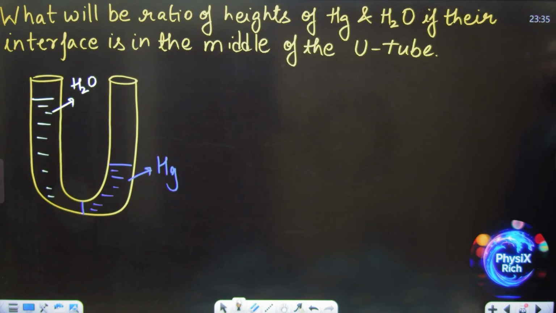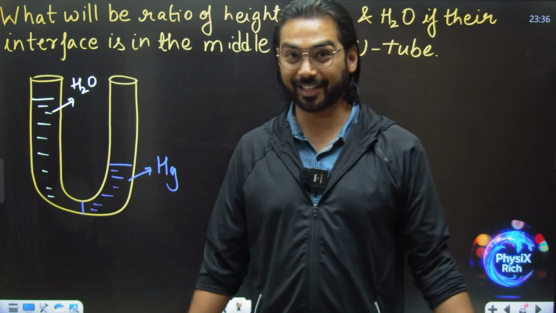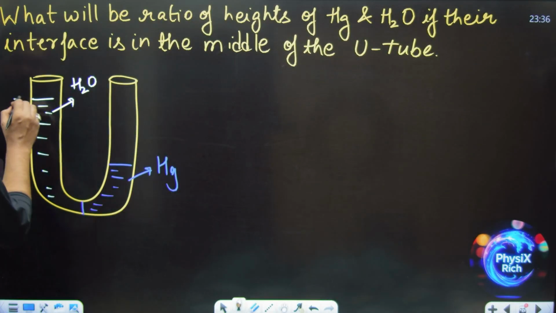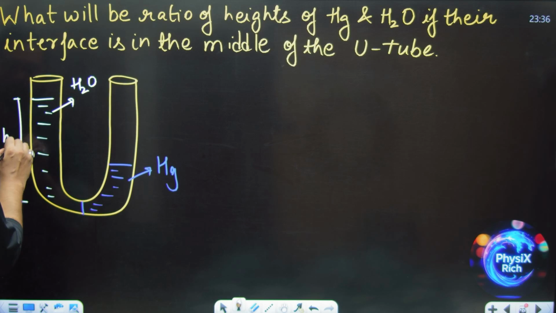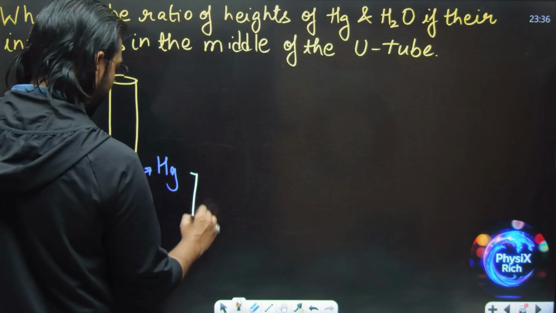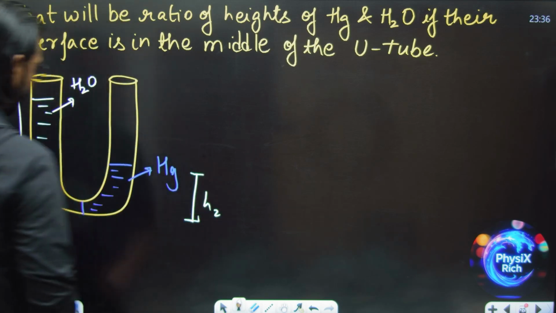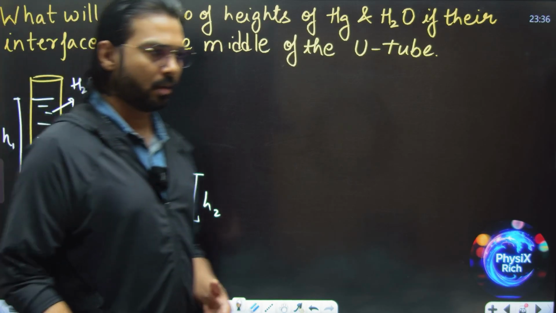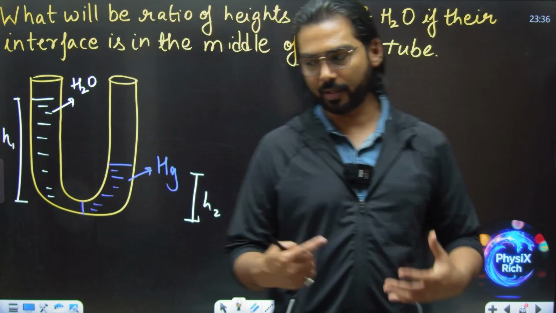Okay, now what is happening over here? What will be the ratio of the heights of Hg and H2O if their interface is in the middle of the U-tube? Very interesting. So you see, guys, let's say I take this to be the height H1 and this to be the height H2. Then what's happening at the interface? Of course, you know that mercury and water will not mix with each other.